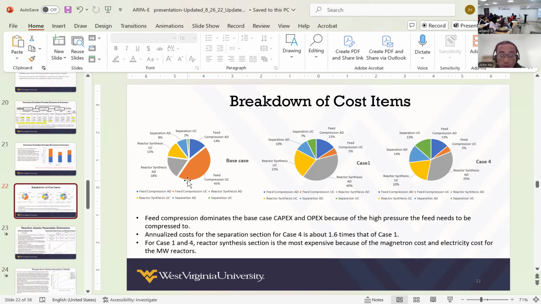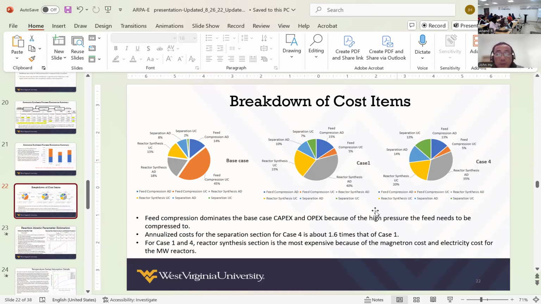So in the Haber-Bosch process baseline, 45% of the cost is on the compression. But come to case 1, you see all these color codes are identical. Look at feed compression cost, 5%, right? That's the advantage of microwave, because you do not need to compress the gas since you are operating at lower pressure. Why would you compress it? Your separation doesn't need it. So this is really a major improvement.